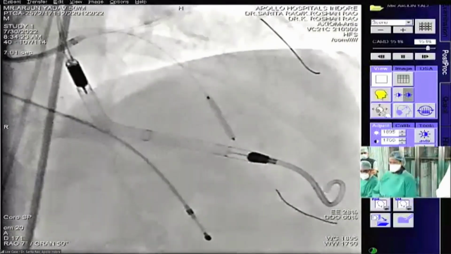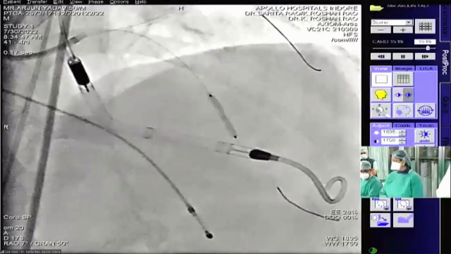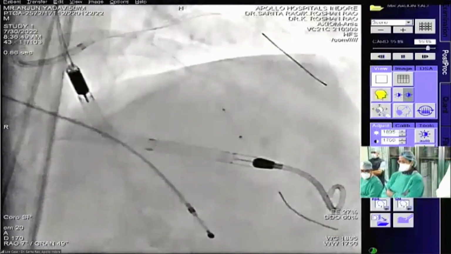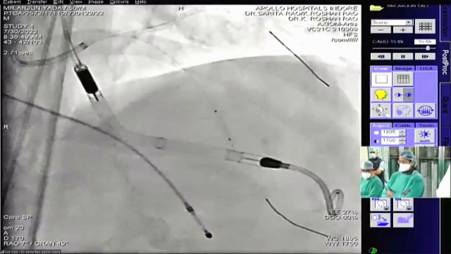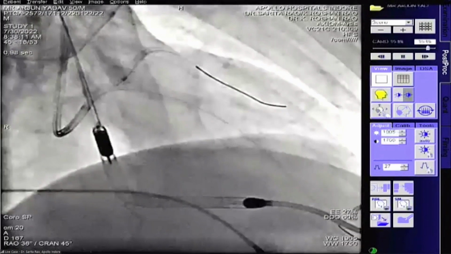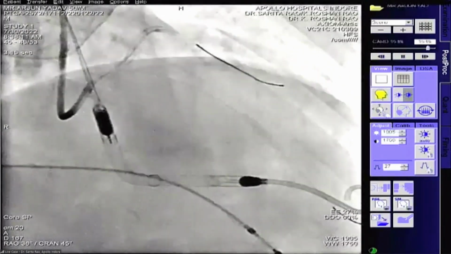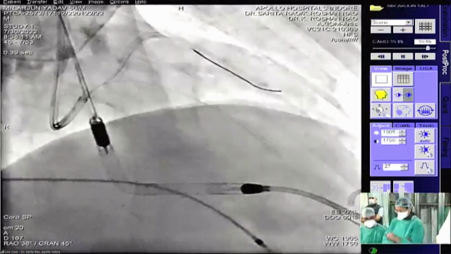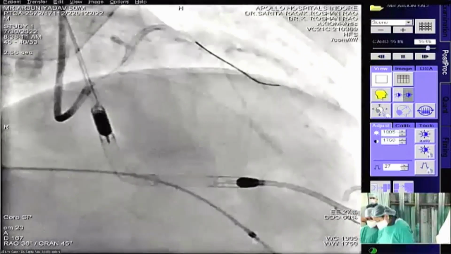Next, please. The little indentation in the middle. We went ahead. Next, please. Post-dilated it. Next. So, at this point, we fixed the distal lesion, and this is where we are at now.